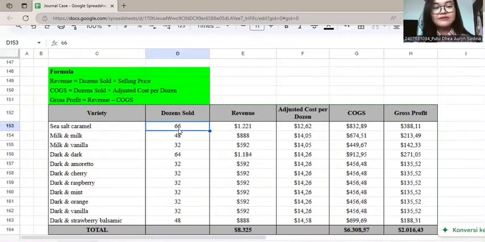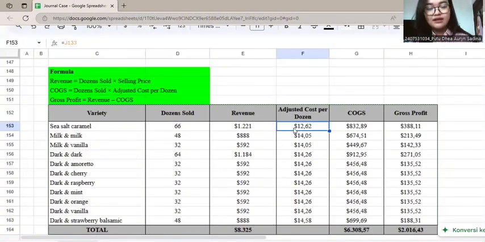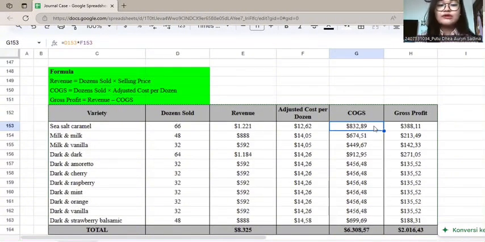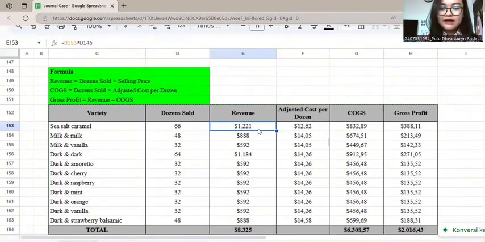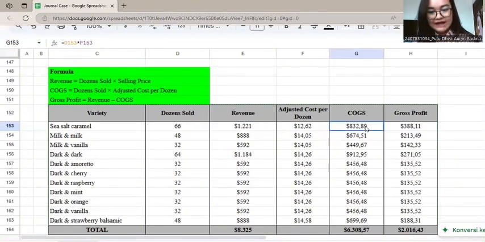Like for example, sea salt caramel, we have 66 times $12.62, and then we got 832.86. So it's the COGS for the sea salt caramel. Do this for each variety. And for the gross profit, we just need revenue minus COGS.